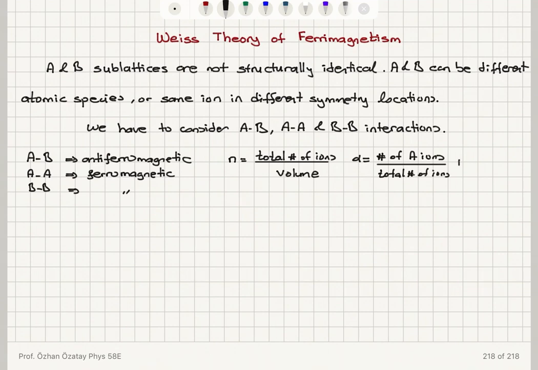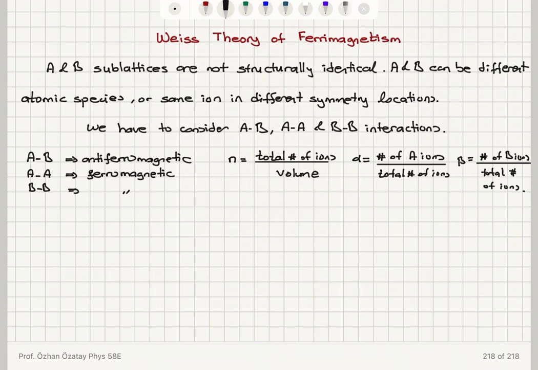And I call beta the fraction of B ions, number of B ions divided by total number of ions.